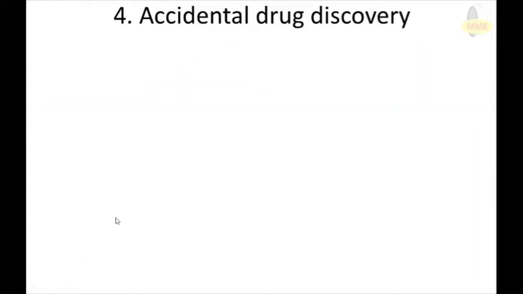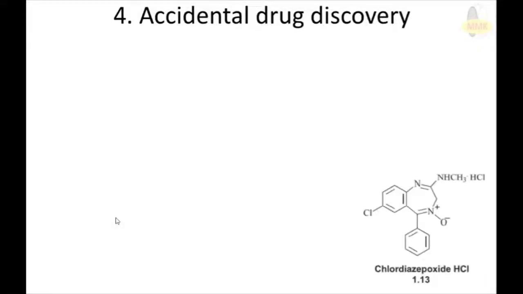The last one is entirely accidental, because we are not expecting something to happen, but it happened. This is a very interesting story behind diazepines, the benzodiazepine category, which you will see in the case of anxiolytics. In anxiolytics, chlordiazepoxide, alprazolam, all those things will come.